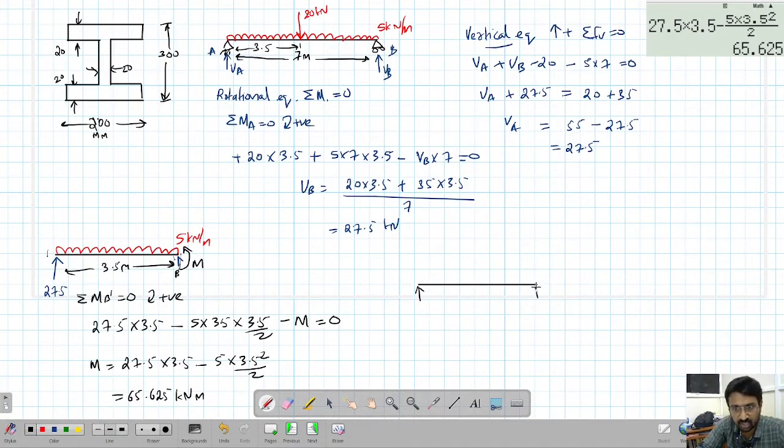Instead of doing all this calculation, we have a UDL here. The value of the UDL is 5 kN per meter, and it is a 7 meter span. Then we have the bending moment like this. So this will be the bending moment diagram.